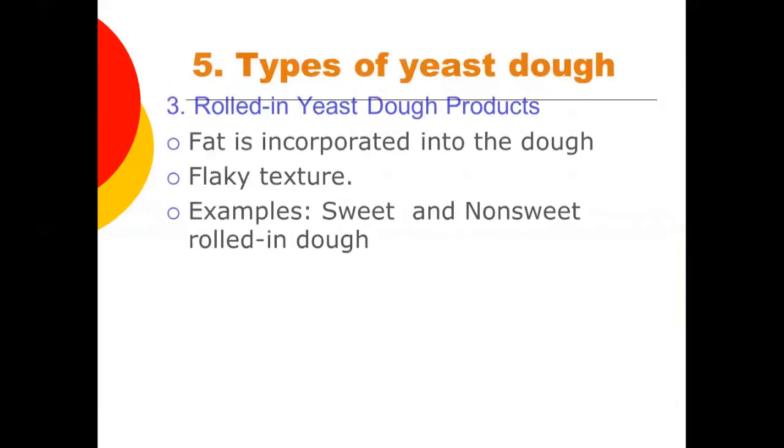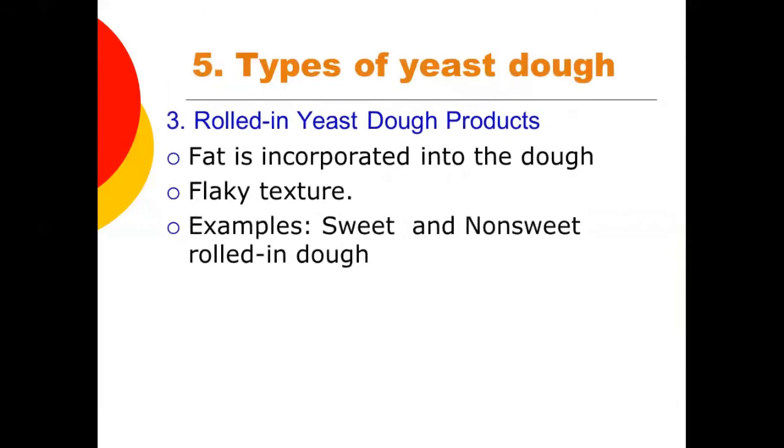The third type of yeast dough is rolled-in yeast products. Rolled-in doughs are those in which a fat is incorporated into the dough in many layers by using a rolling and folding procedure. The alternating layers of fat and dough give the baked product a flaky texture.